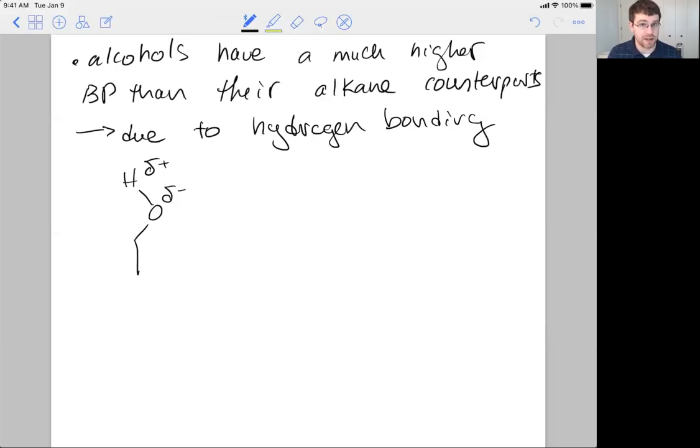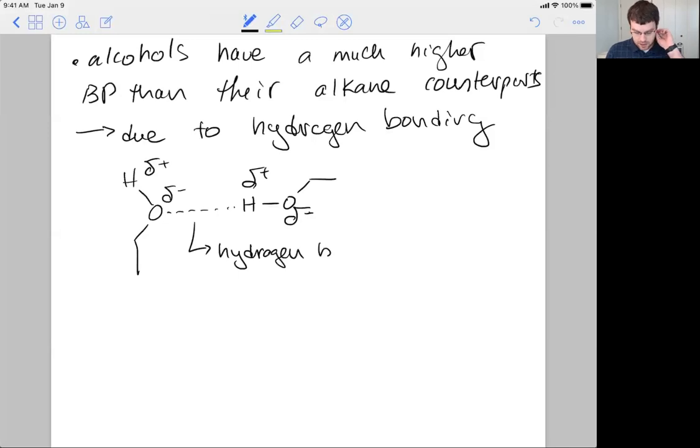So if we have a bond to oxygen, as in the case of our alcohols, we say that there is likelihood of hydrogen bonds forming between the delta minus of an oxygen of one alcohol and the delta plus of a hydrogen on the other. That interaction is a hydrogen bond. It's a very strong non-covalent interaction between molecules. And this will increase the boiling point.